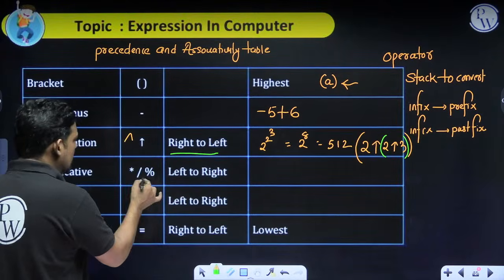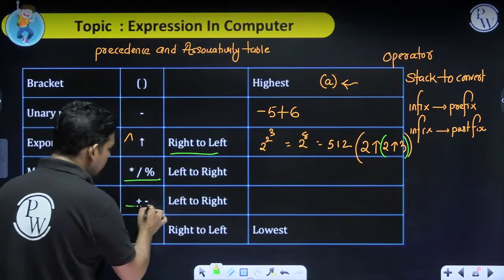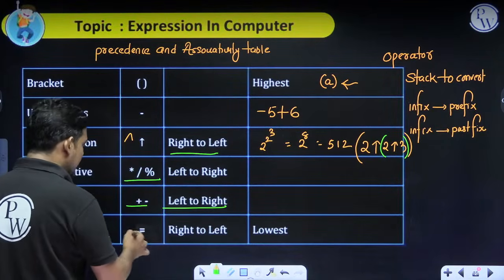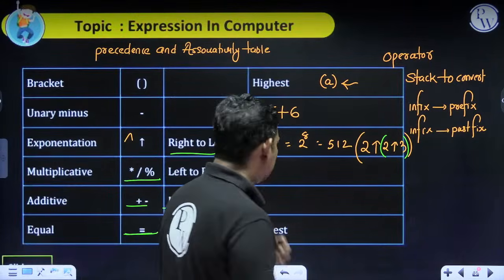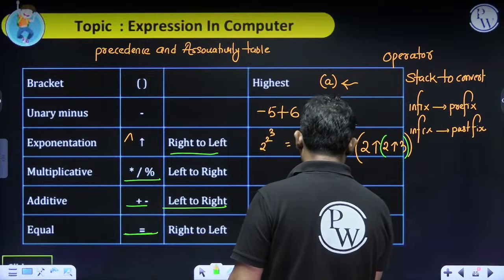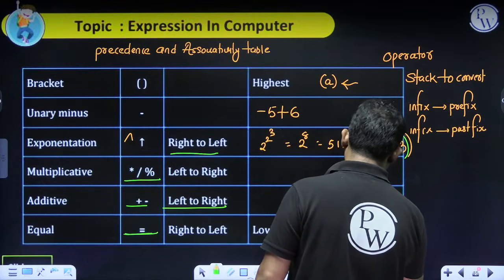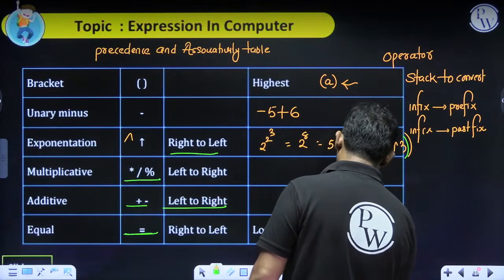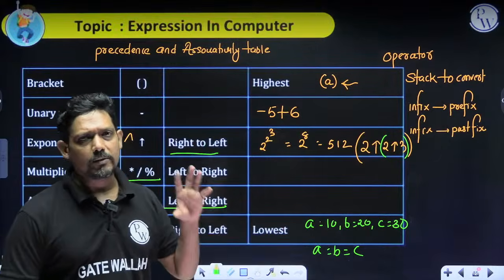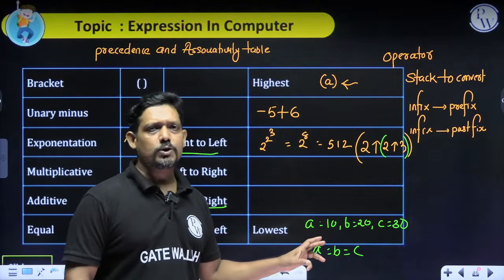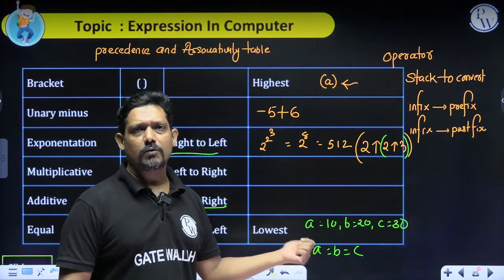Then you have multiplication, division, modulo, left to right, plus minus left to right, and equal to, again a right to left operator. Right to left means if you say A is 10, B is 20 and C is equal to 30, then when you say A equals B equals C, it should again go from right to left: first B should be updated to 30, then it should update the value of A to 30.